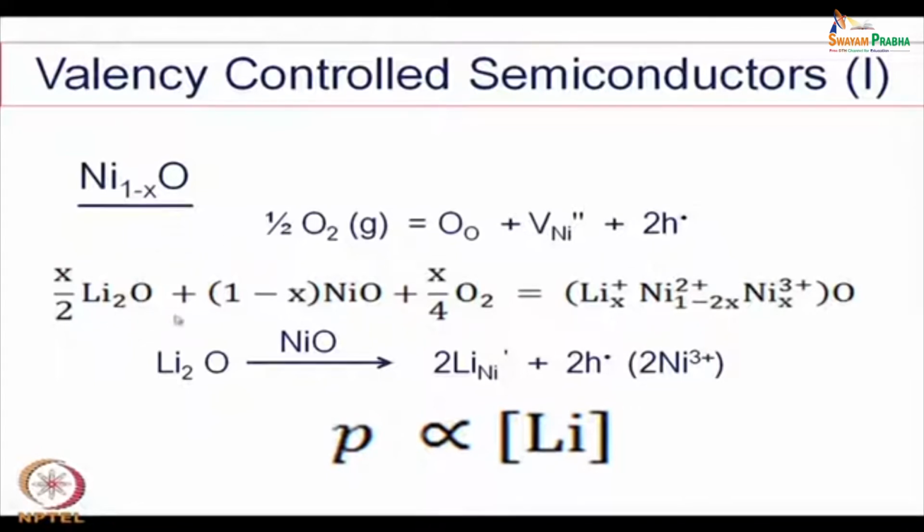Now, in that we have added Li2O. Li2O is a lithium oxide with lithium having monovalent or a single positive charge compared to Ni with double positive charge, and that is why by adding about x by 2 moles of Li2O to 1 minus x NiO and then adding some oxygen, this is the kind of solid solution we will get, because lithium goes into solid solution with nickel oxide, or it replaces nickel in the nickel oxide's lattice.